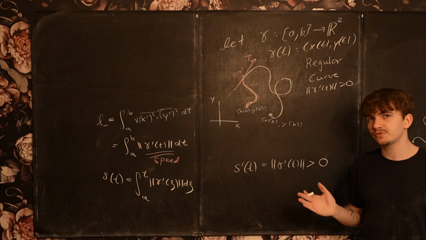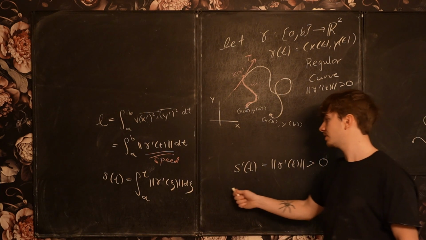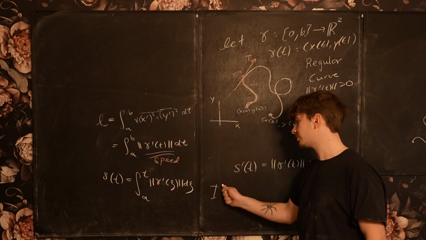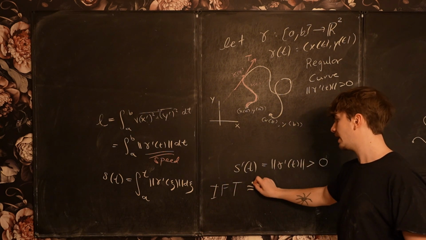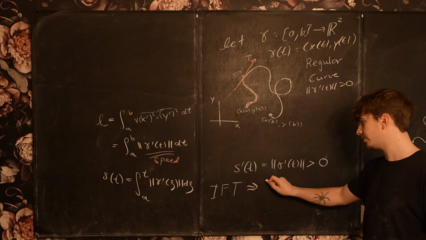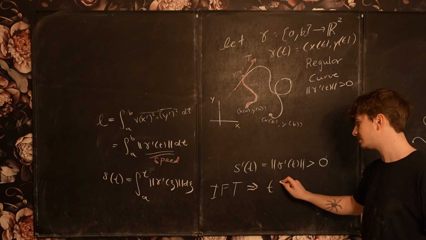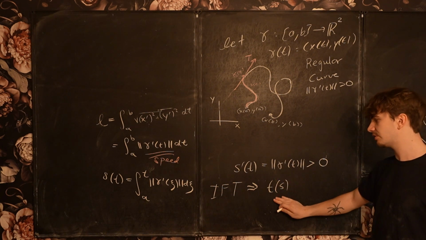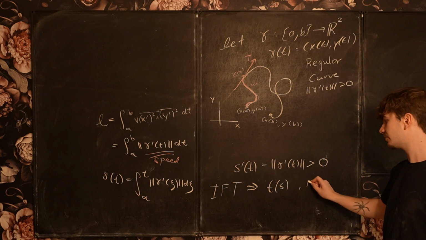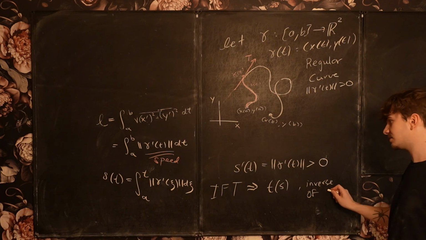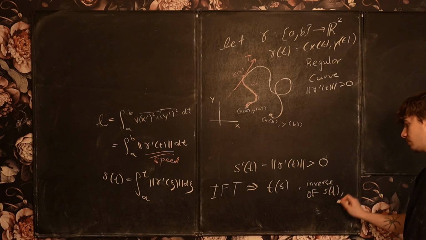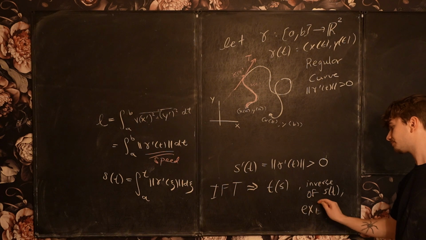So by the inverse function theorem it has an inverse, okay? So the inverse function theorem tells me that s of t is invertible, and that t of s is well defined. So t of s, the inverse of s of t, exists, okay?